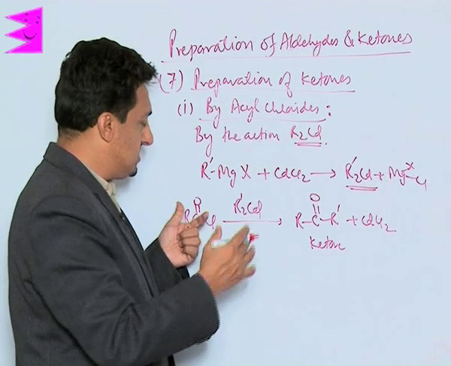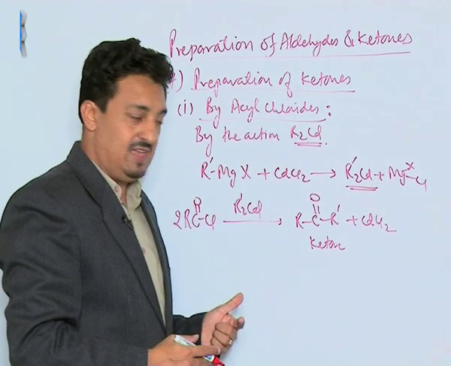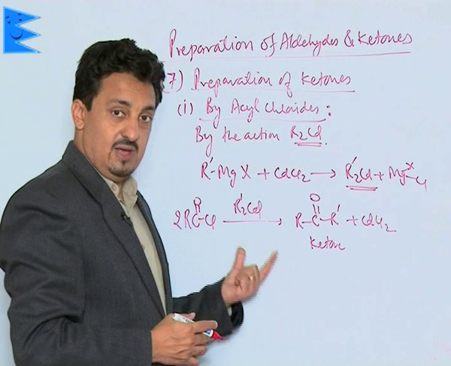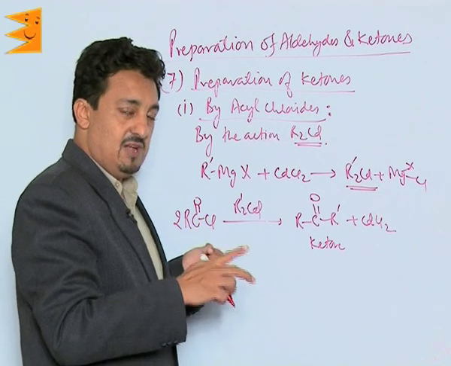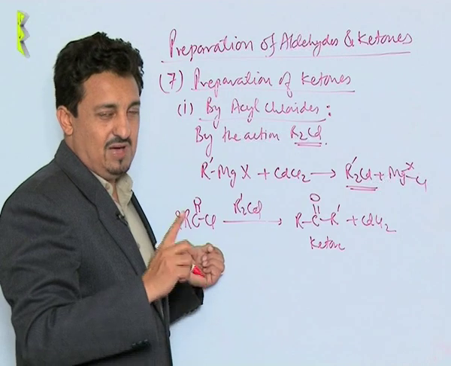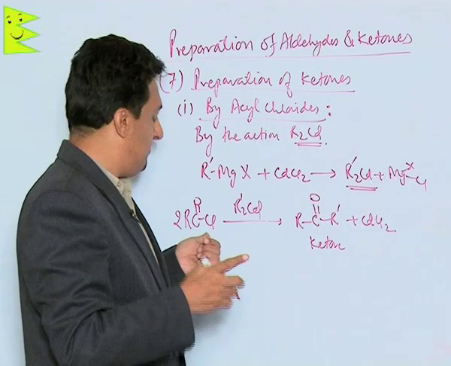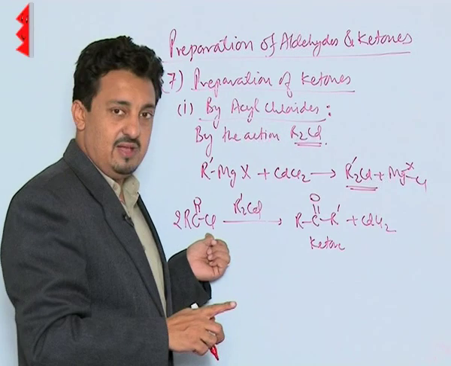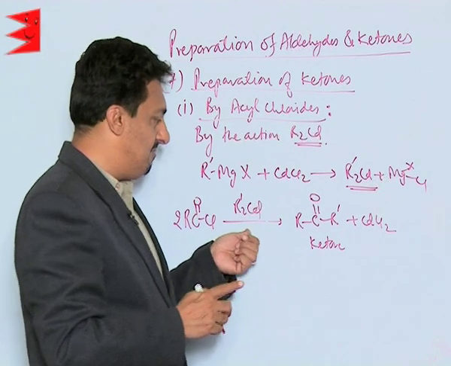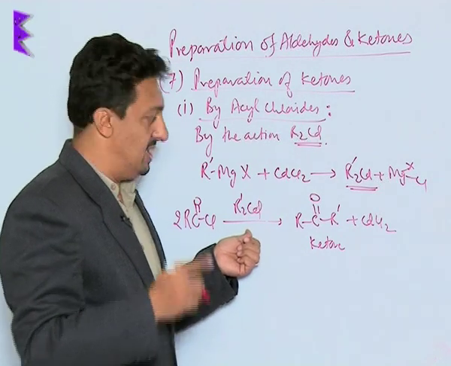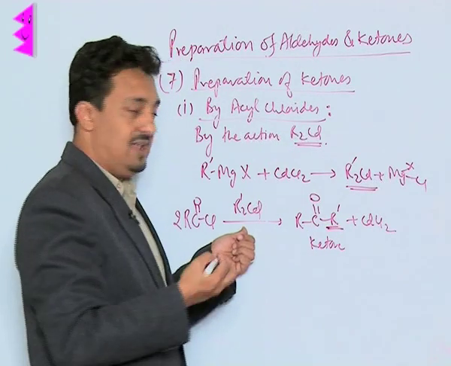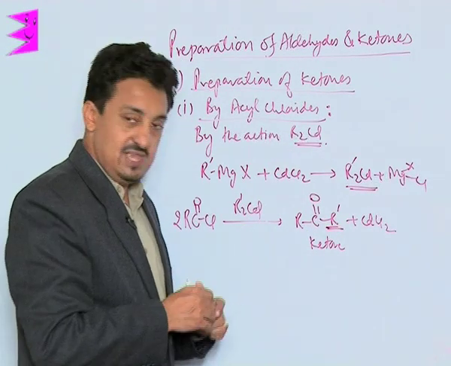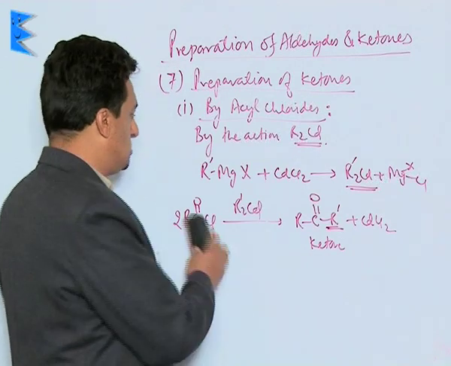So that is how this is a very exclusive method of preparing only ketones. See, we have seen Rosenmund, it was from acyl chlorides, but that was only giving us, by partial reduction, aldehydes. And now, using again the acyl chlorides, but by the action of dialkyl cadmium, we'll be getting only ketones, and that too of our choice, because this R dash group can be chosen by us.